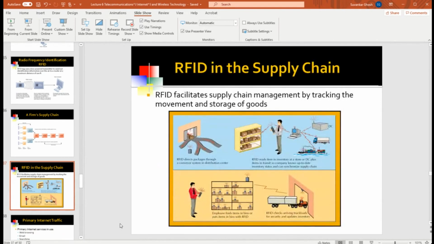In RFID, instead of fixing a paper barcode tag on the parcel, you are fixing a small tag with some electronics inside it, which is sending out through the airwaves what the identity of the parcel is.